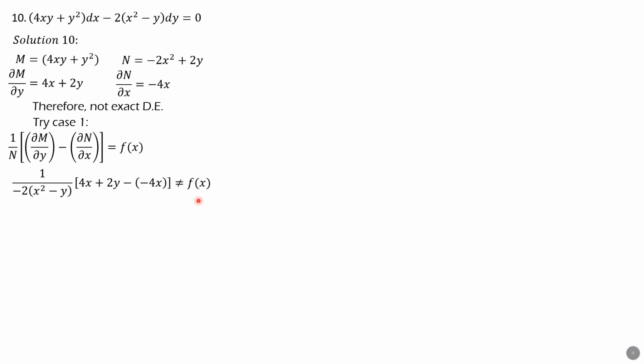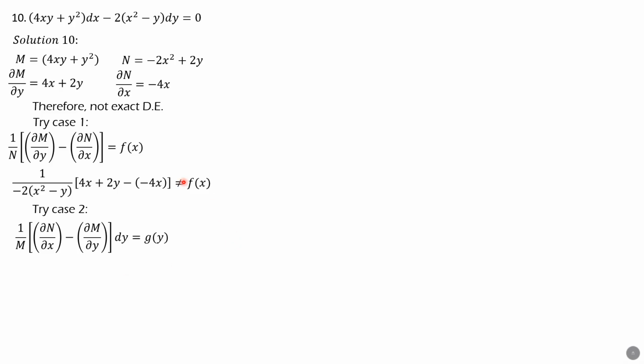So try case 2, if it is a function of y alone. So let's evaluate 1 over M, then the quantity partial of N with respect to x minus partial of M with respect to y, times dy, if it is indeed a function of y alone.